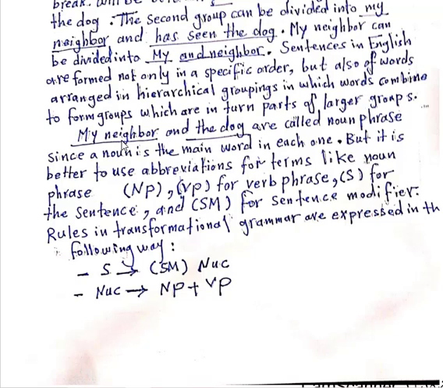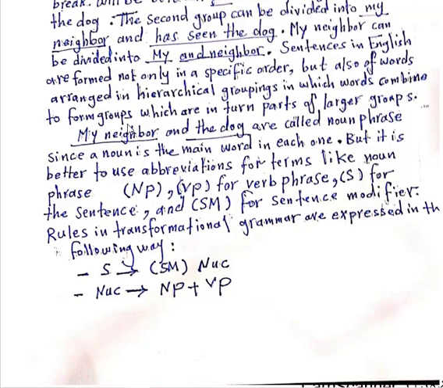My neighbor and the dog are called noun phrases. That means my neighbor is a noun phrase, and the dog is a noun phrase as well, since a noun is the main word in each one.